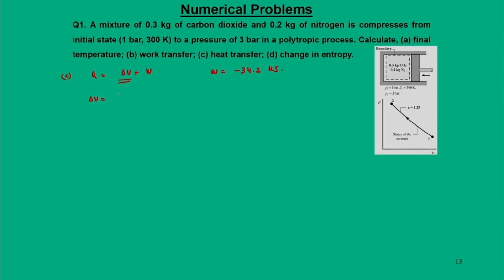Delta U is U2 minus U1. U2 is number of moles of CO2 into U bar CO2 at temperature T2 minus U bar CO2 at temperature T1, plus number of moles of N2 into U bar N2 at state 2 minus U bar N2 at state 1.